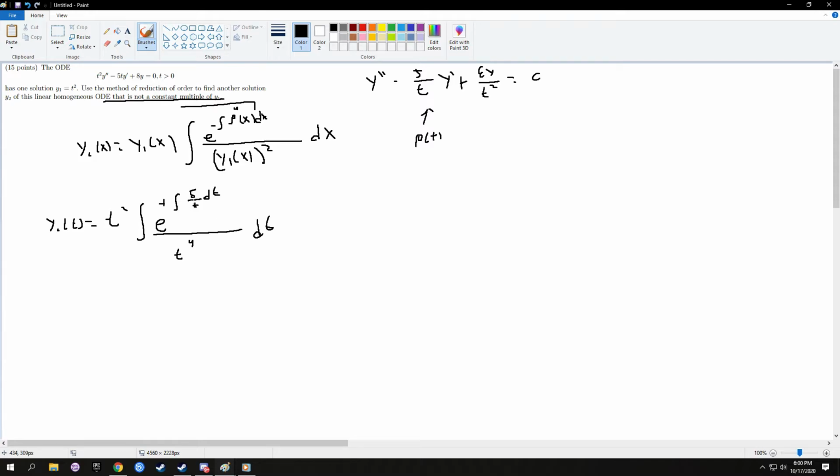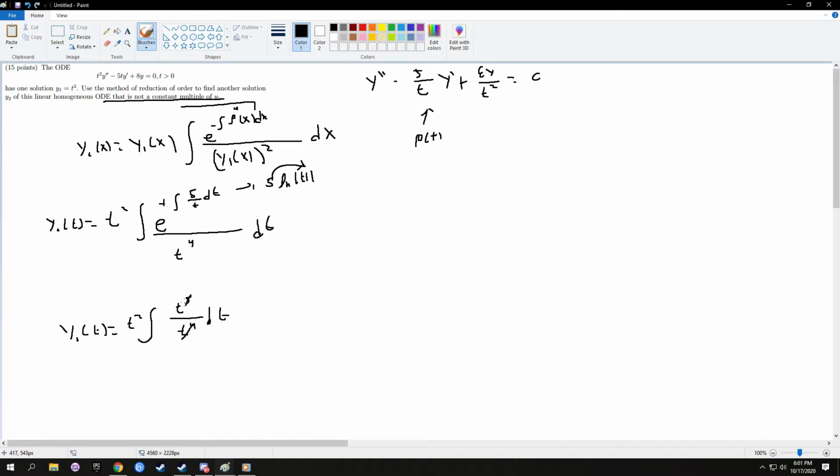So this becomes 5 ln of t. I can now rewrite this, this goes in here, this goes on top, this will cancel, so this becomes t squared, and you can see this is exactly going to work like before. This becomes t to the fifth, because this will cancel this e, and this t to the fifth over t to the fourth, dt.